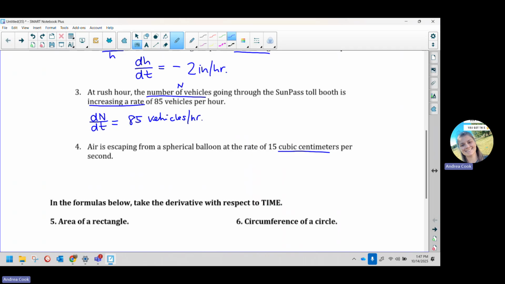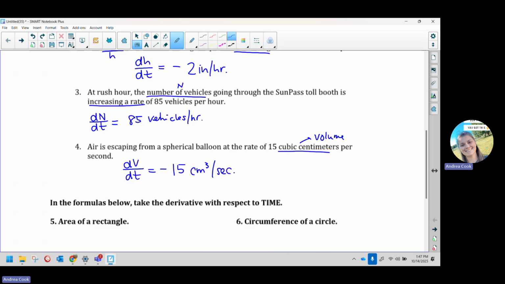Volume. So that rate is the rate of change in volume. So dV over dt is equal to, if air is escaping, is the volume getting smaller or bigger? Smaller, so negative 15 cubic centimeters per second.